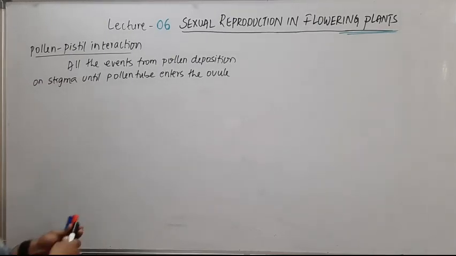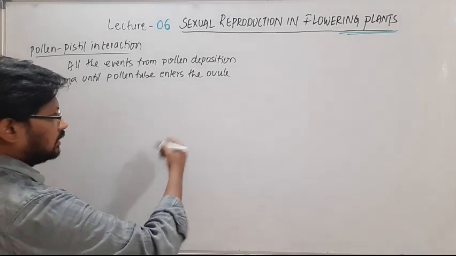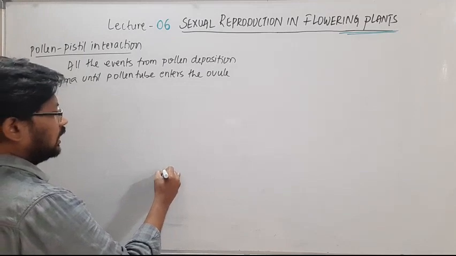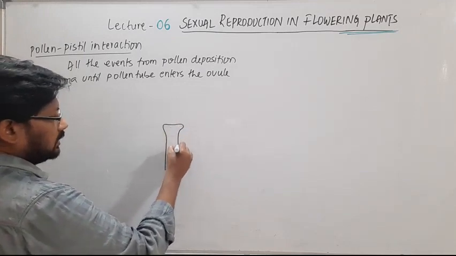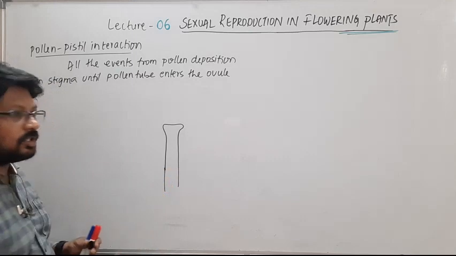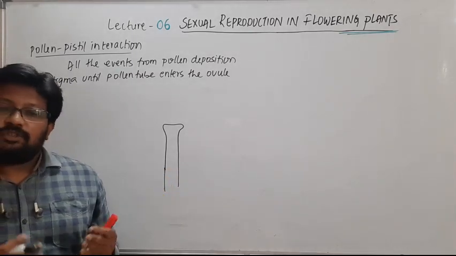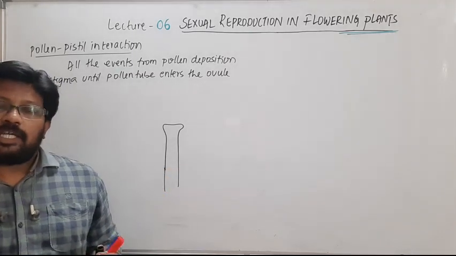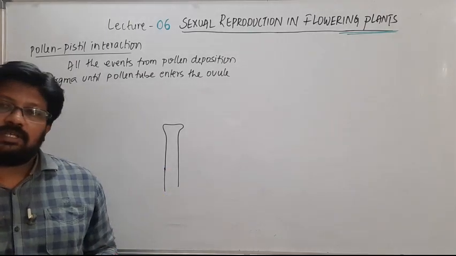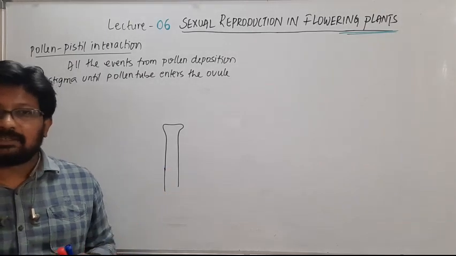So now let's see the explanation in this case. Here, this is the stigma. During the process of pollination, there is no rule that the pollen grains of the same species have to come and settle on the stigma.